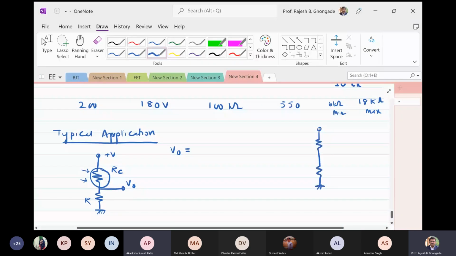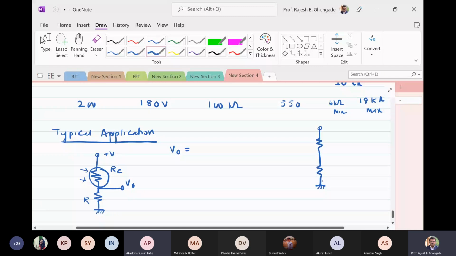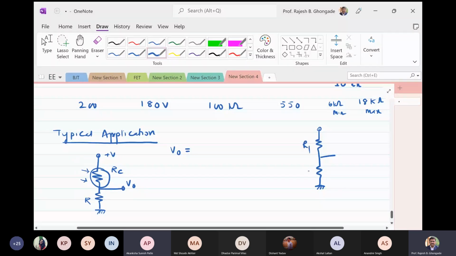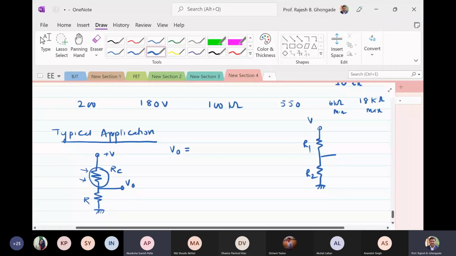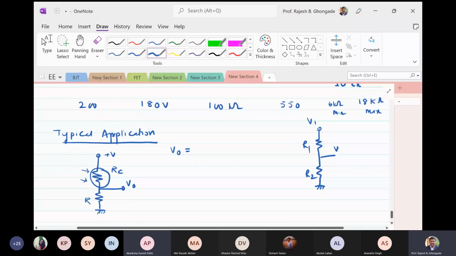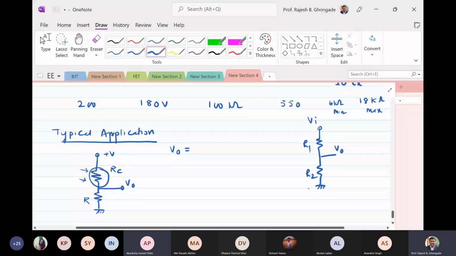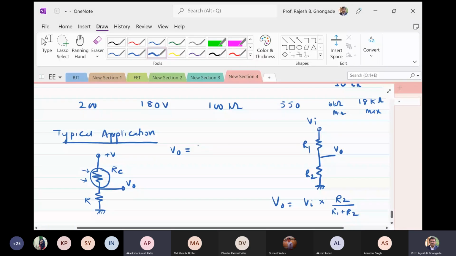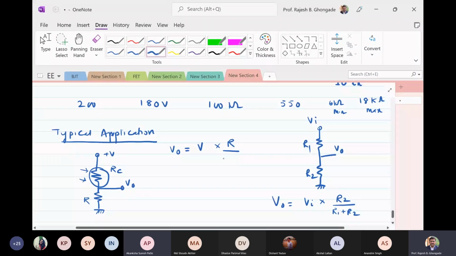If this is R1, this is R2, this is VI, and this is VO, how do you calculate VO? VO is given as VI into R2 divided by R1 plus R2. This is called the voltage divider equation. Using that, we can find the output voltage as V into R divided by R plus RC.